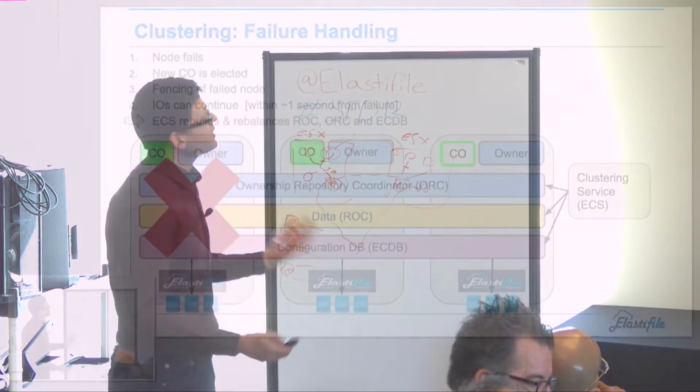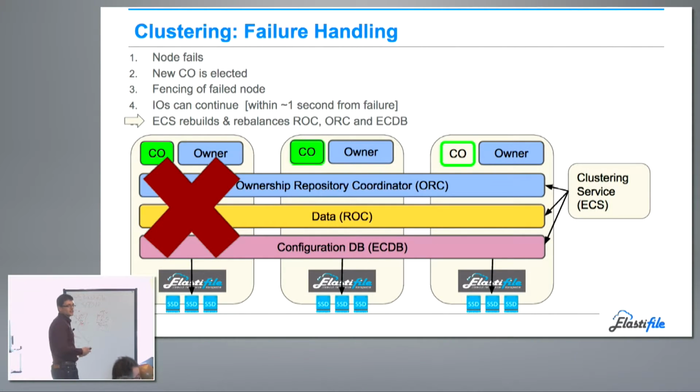And then the last part is for the ECS, the clustering service, to rebuild and rebalance the different services. So for the data layer, for example, it was 3-way replication. Some of the 3-way replication copies are down, so we need to bring it back to 3-way replication. For the orc, it's the same thing.